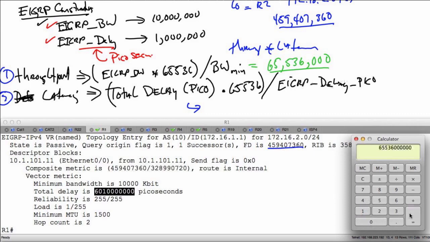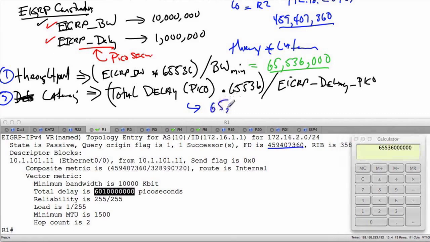And that's going to give me a value of 65,536. Actually, I've got this all wrong here.